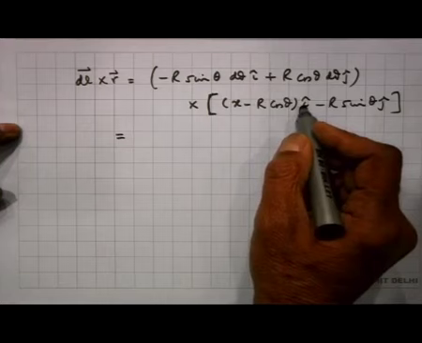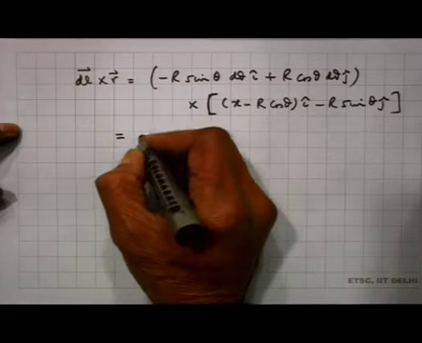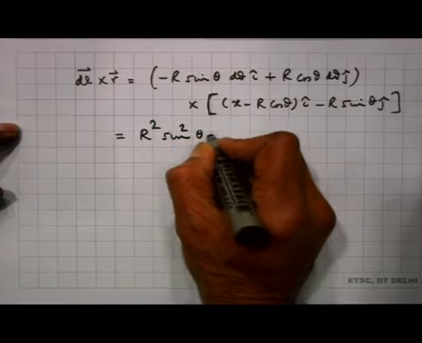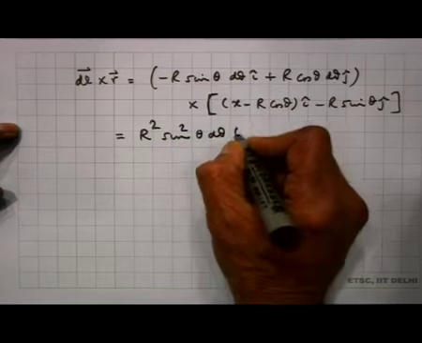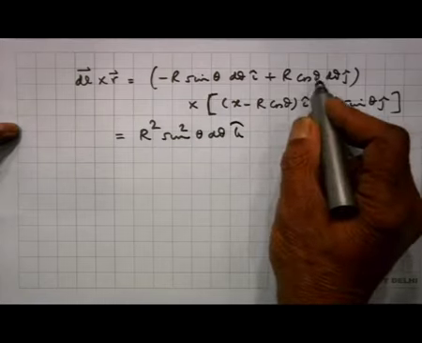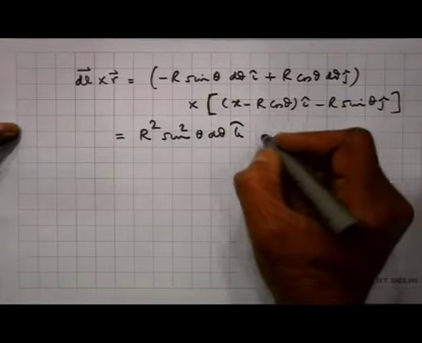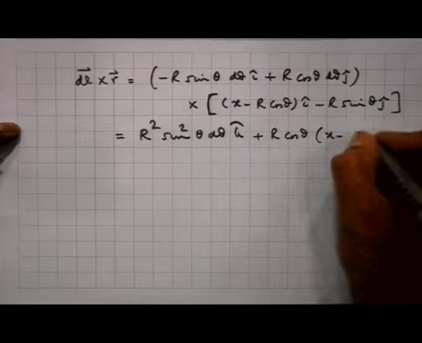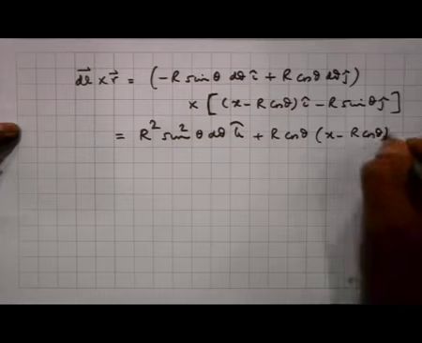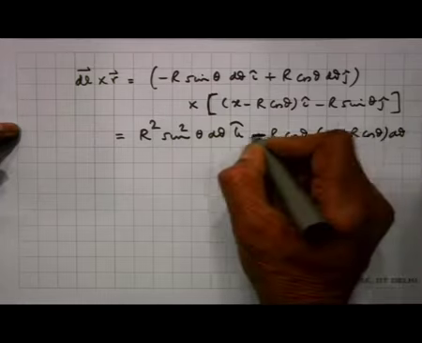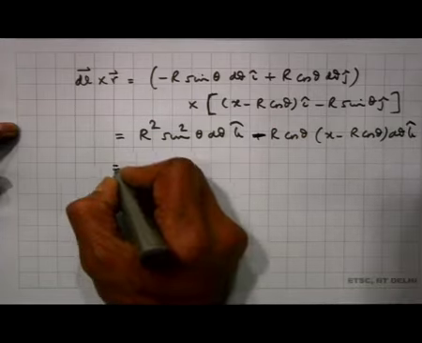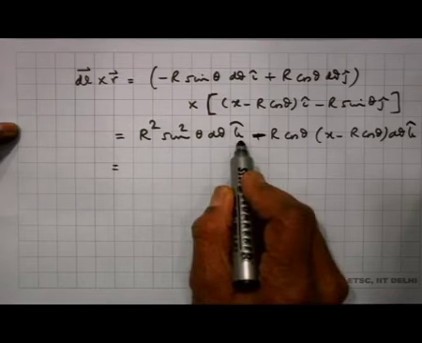So, i cap cross i cap is 0 and I get r square sin square theta d theta, i cap cross j cap is k cap. j cap cross j cap is 0. So, I have the first one plus r cos theta into (x minus r cos theta) d theta, and j cap cross i cap is minus k cap, so there is a minus sign with a k cap.